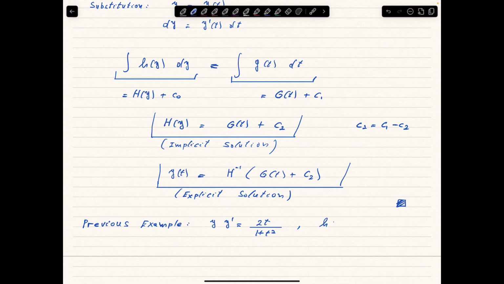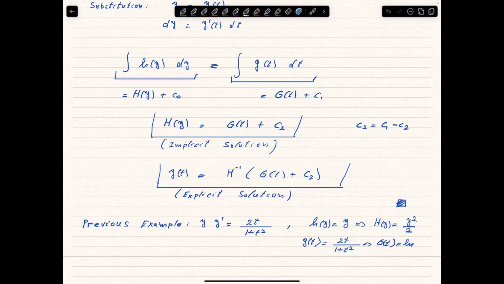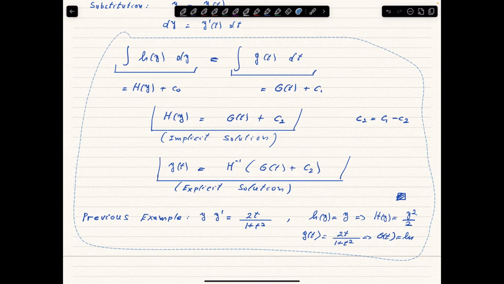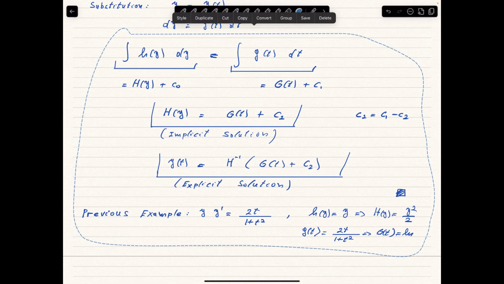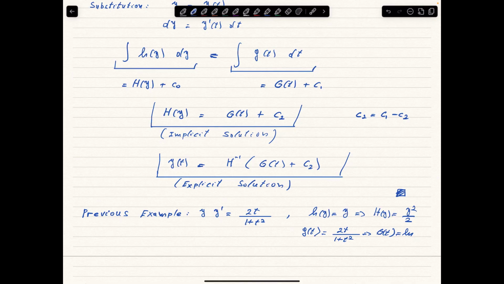So h of y is just y, which implies that big H is y squared over 2, and g of t was 2t over 1 plus t squared, which gives us big G equal natural log of 1 plus t squared.